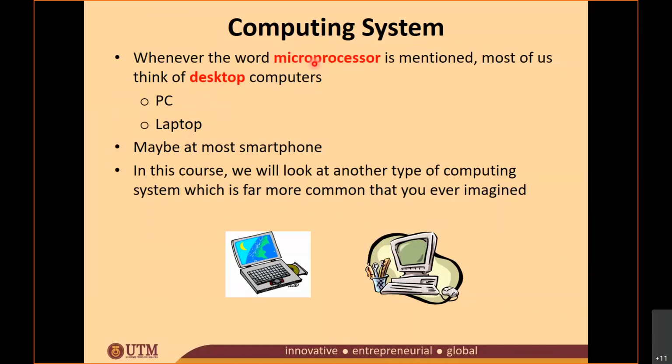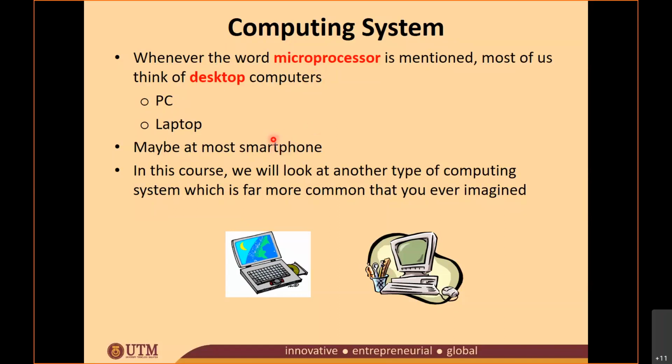Sebabnya dalam PC kita ada microprocessor, or sometimes we call it a processor lah, processor chip such as Intel, AMD. Maybe at the most your smartphone lah, because the smartphone also has a processor, which is kamu mungkinlah dengar dia punya ARM processor. For the smartphone we will be using an ARM processor lah.